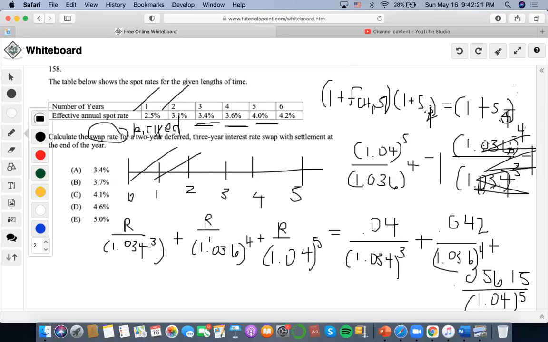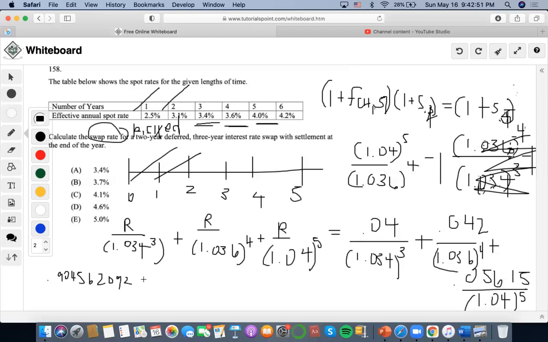Okay. Now let's solve to find R. Well, first things first, I could first solve for this part. I'm going to do 1 divided by 1.034 cubed. It's going to be 0.9045, right?